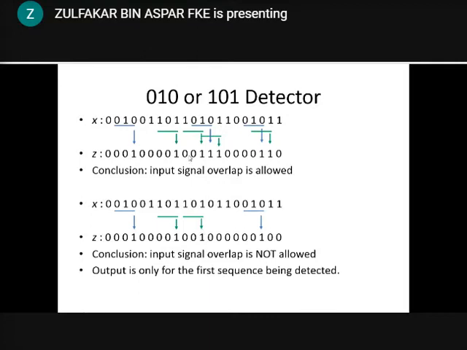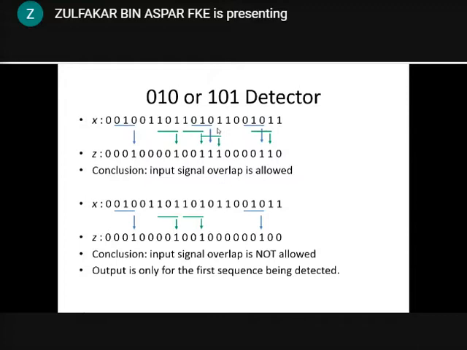For 010, in the first example, you can see there are 3 possible detections. There are 3 blue lines of input 010.